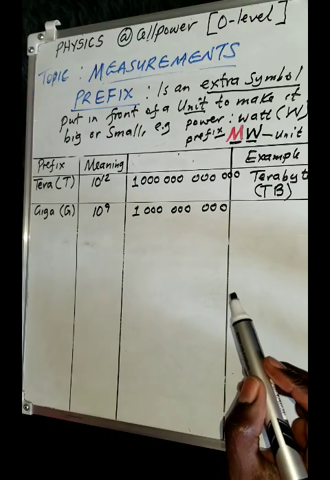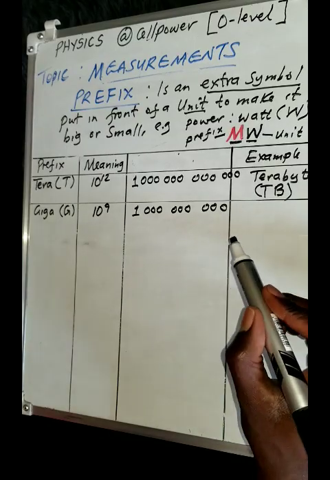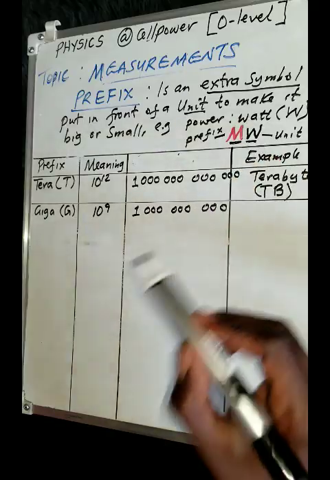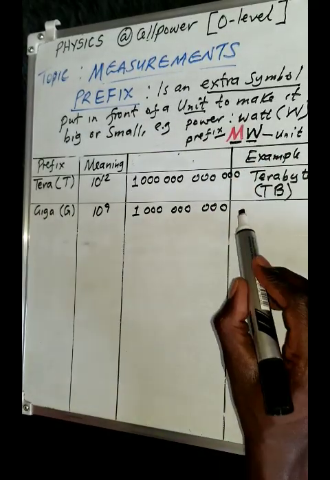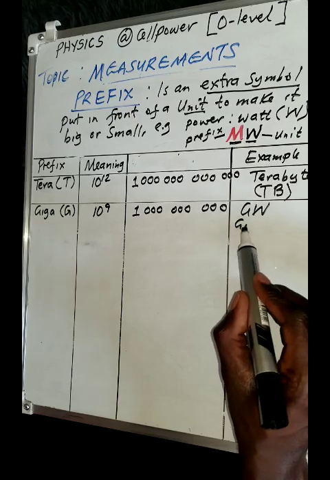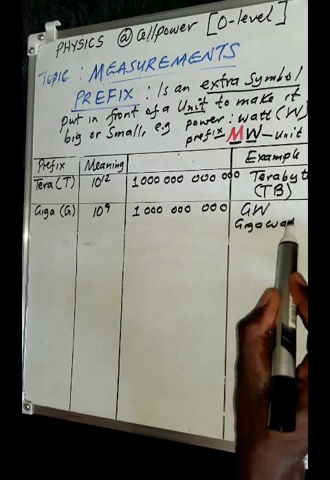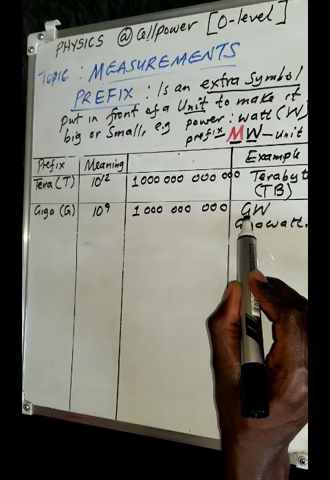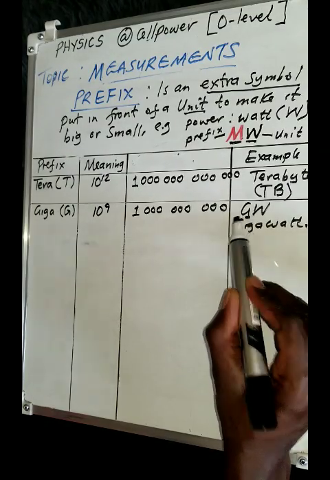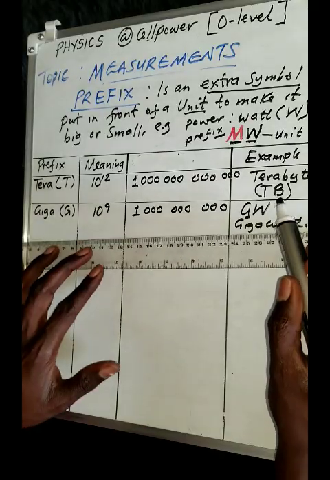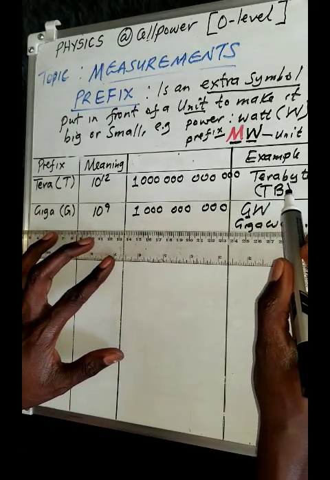You have heard of the word maybe gigawatt. Remember, like I said, capital W is for watt. So I'll be using that more often. You can see this is a very big number. So putting giga means it's a very big unit that you're talking about there. So you can simply talk about gigawatt.